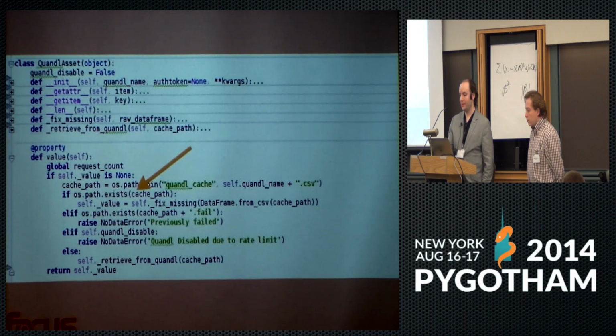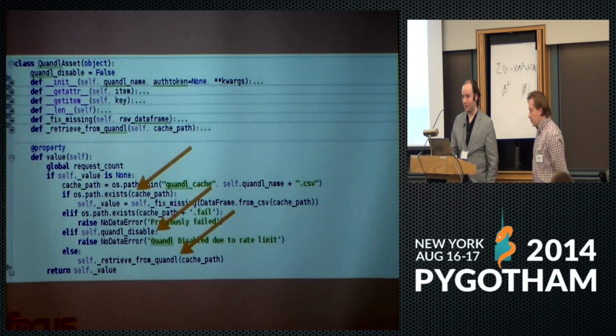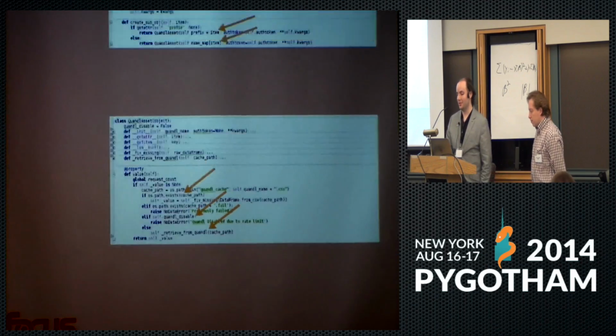So we check if it exists. If it's in the cache, we use it. Otherwise, we check if we hit a rate limit already, and we retrieve it. Obviously, you could do a little bit better for rate limits, and you can improve caching, but this is an example, and it's a problem you need to deal with, even if you can't just skip it.